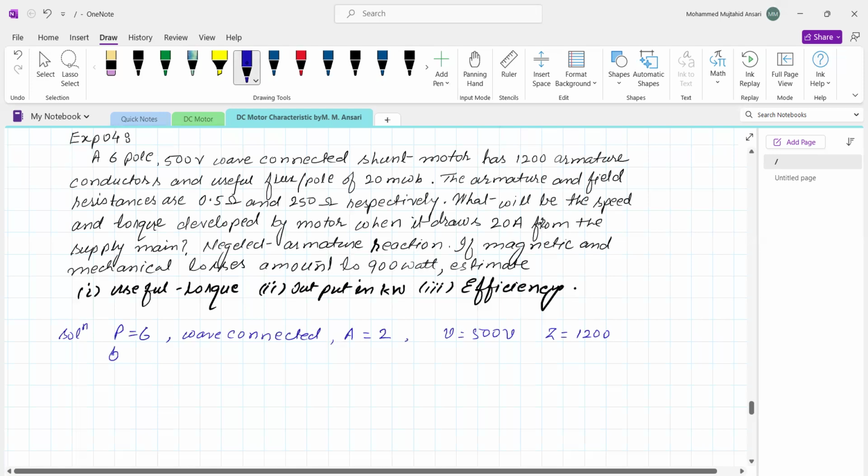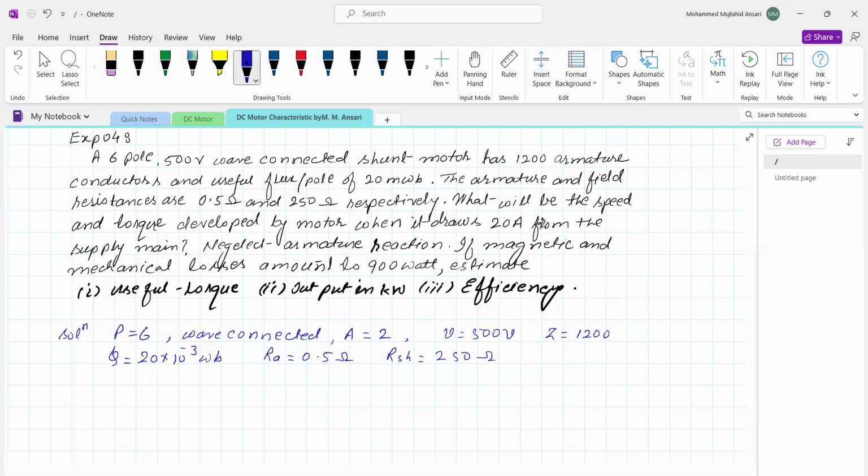Useful flux phi per pole is 20 into 10 raised to minus 3 Weber, converted from milliweber to Weber. The armature resistance Ra equals 0.5 ohm, whereas the shunt field resistance Rsh is equal to 250 ohm respectively.